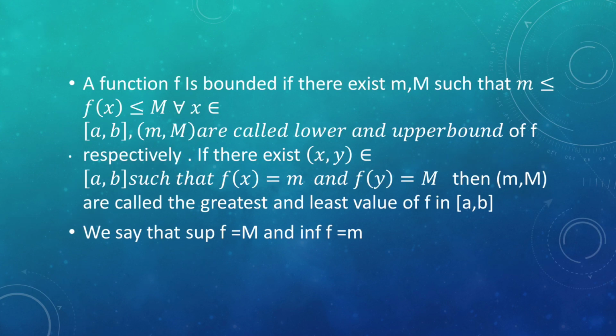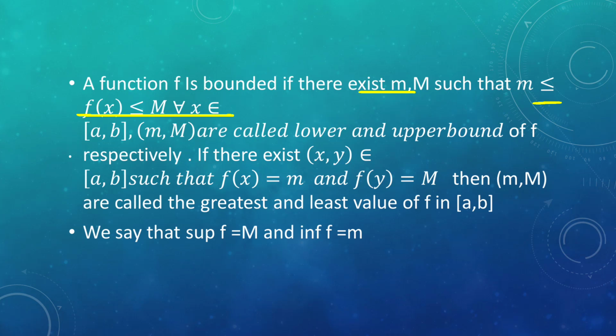A function f is bounded if there exist a given small m and a capital M such that m is less than f, as we mentioned in my previous tutorial.